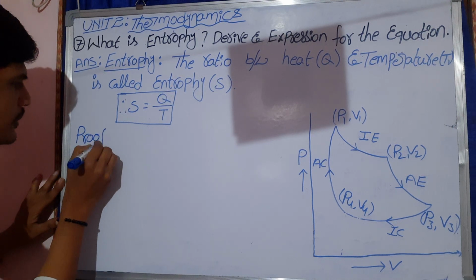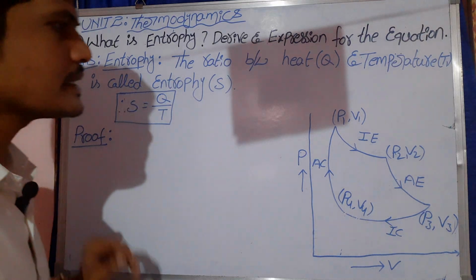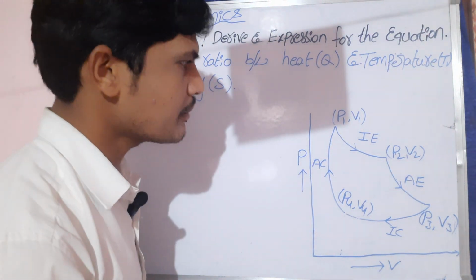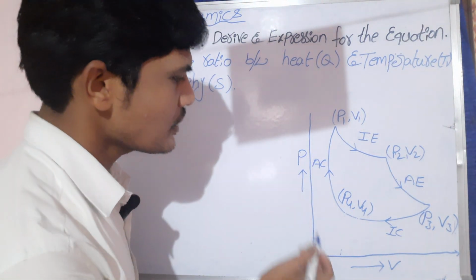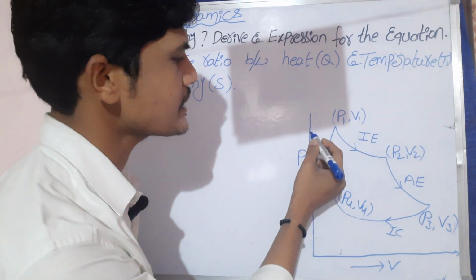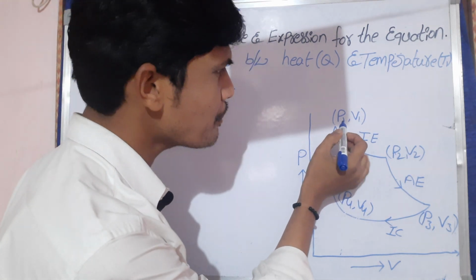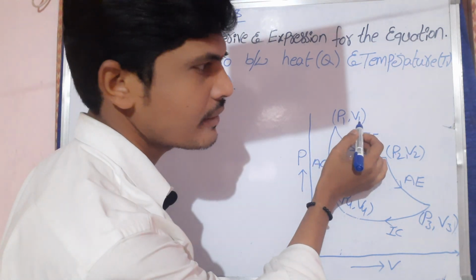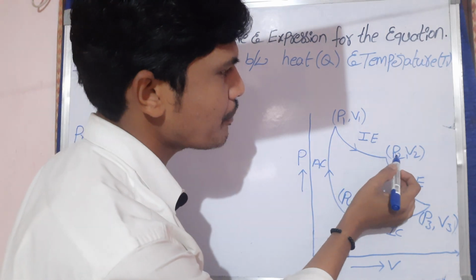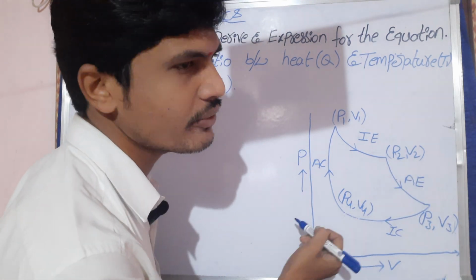So, proof. This is the diagram of entropy. Volume is taken on the x-axis and pressure on the y-axis. This is pressure P1, V1, then P2, V2, P3, V3, P4, V4.